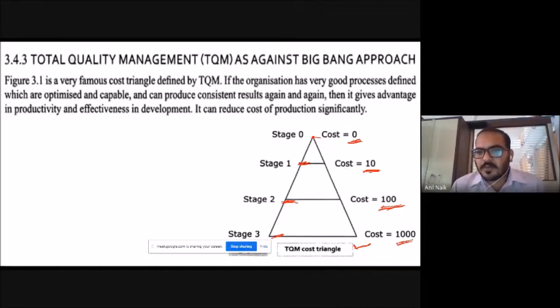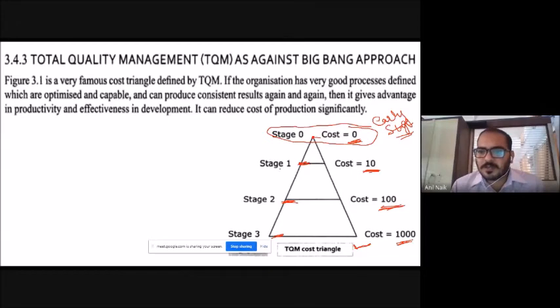So that's why we need to find the defects as early as possible, in the early stages. So what happens? The cost will be less, and it is profit to the organization, because they are not spending more time and more money.